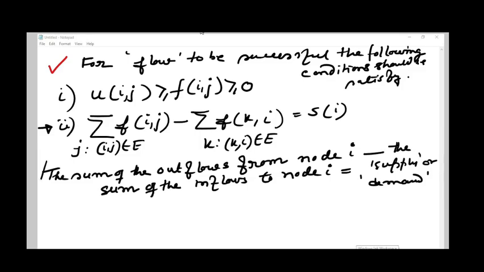This is the meaning of the above expression. Okay, important point.